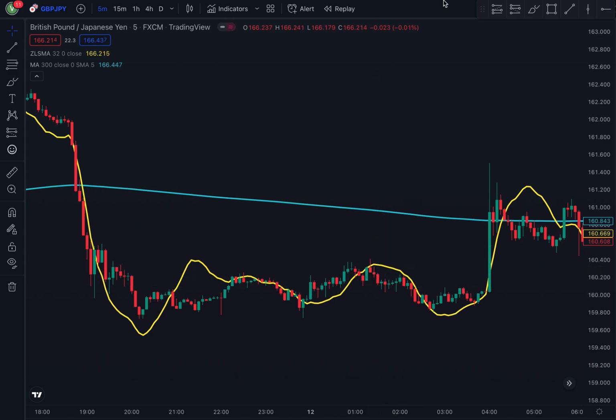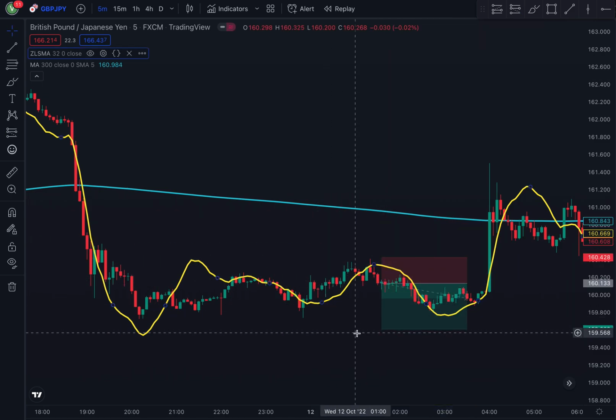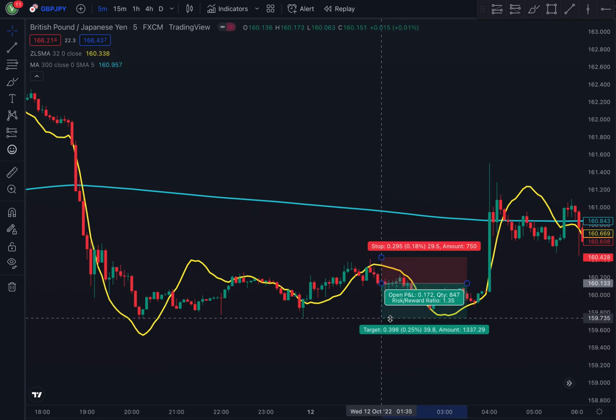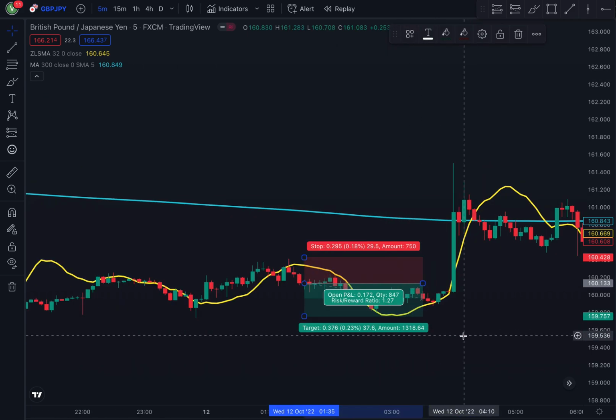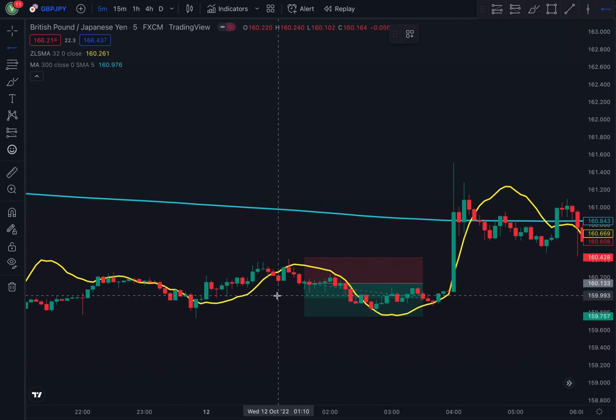There's an engulfing candle over here, so we take a sell right here, and what I always say is target the most recent high, which is right here. That's probably like a 1-to-1 or something like that. It might not have hit, but if you have good management practice, you would have probably put your stop loss to break even over here, and you would probably not have lost that trade.